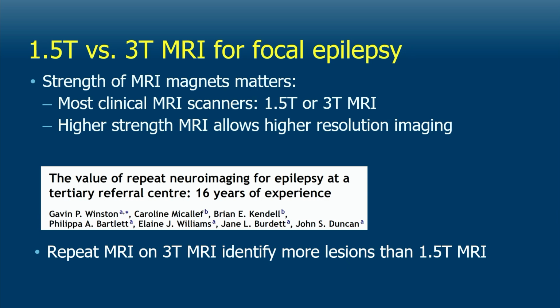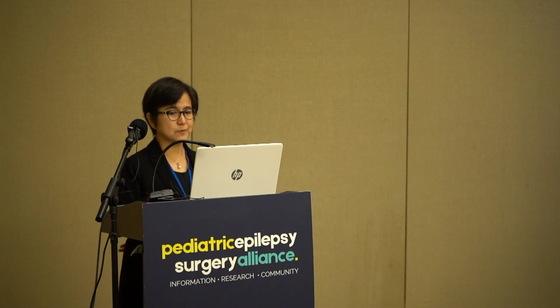This refers to the strength of the magnet, with higher Tesla representing a more powerful magnet, and you can do higher resolution imaging with stronger magnets. Dr. Winston and colleagues in London, UK previously have shown that when they repeat the MRI on a 3 Tesla magnet, they were able to identify more lesions compared to 1.5 Tesla magnet.